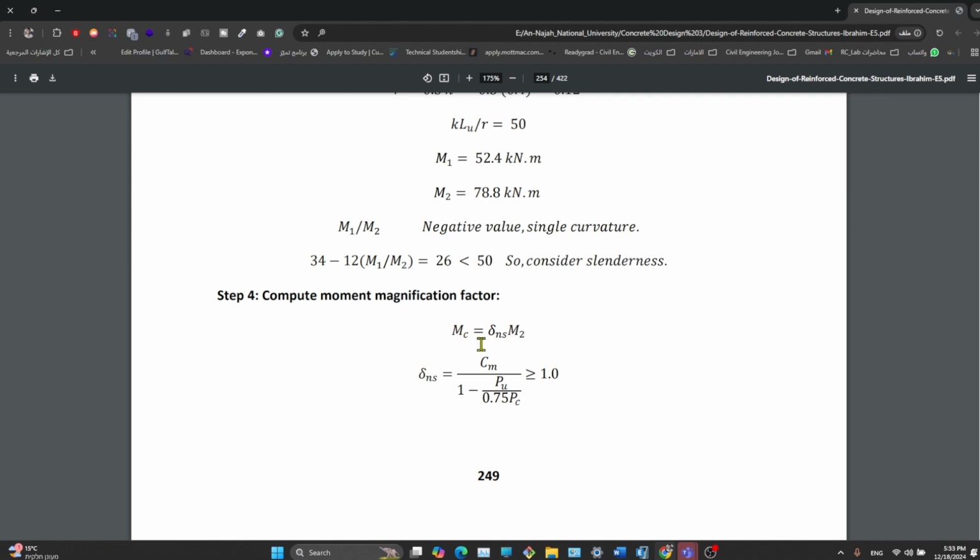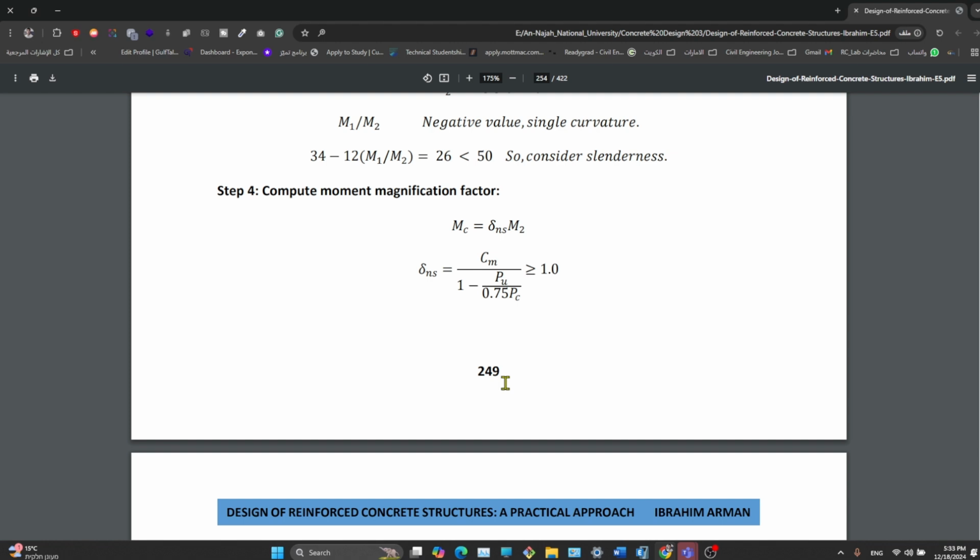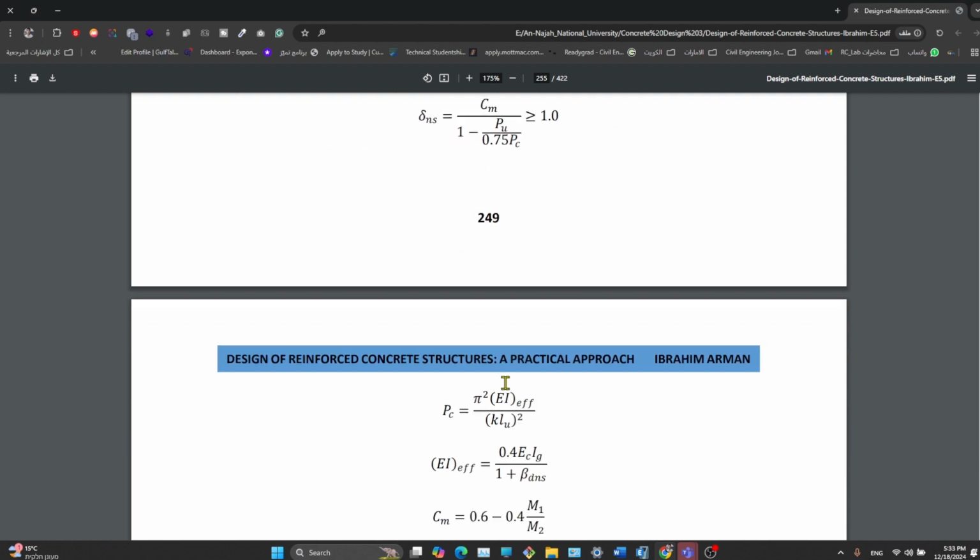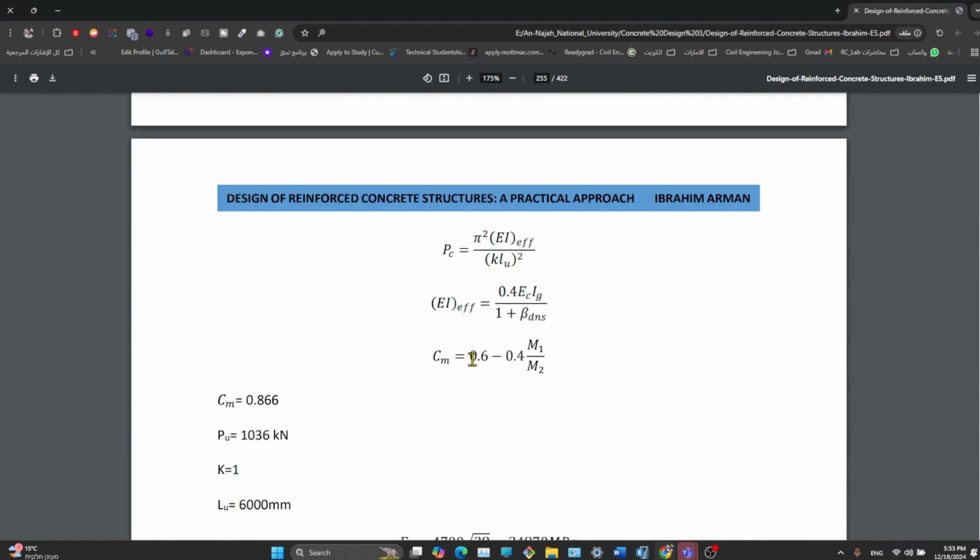Now, we have MC, where MC is equal to delta NS M2. Delta NS, we have this formula. P ultimate is given. PC is the Euler equation ultimate load. Cm is a factor, and I think is equal to 1. Right? Yes, we have all these formulas.